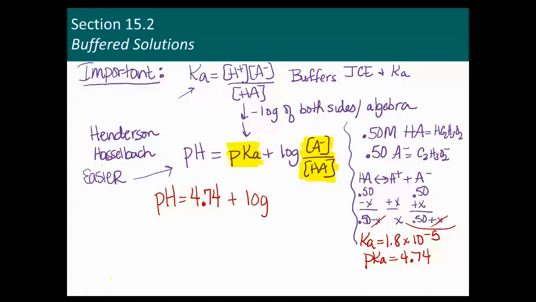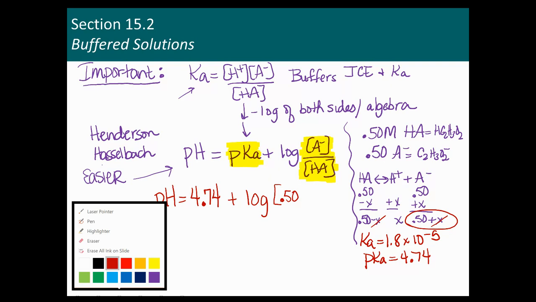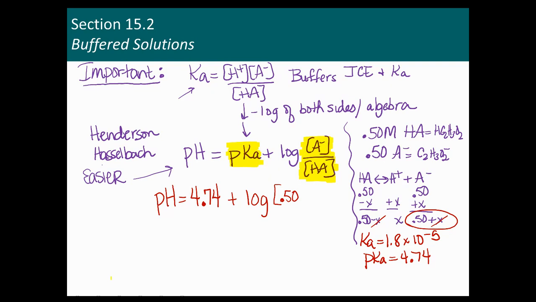Here's my A minus at equilibrium. Now, technically, it's plus X, right? But I'm going to switch that to a different color because we can ignore that. Common ion effect says it's not going to ionize very much compared to that 0.5.